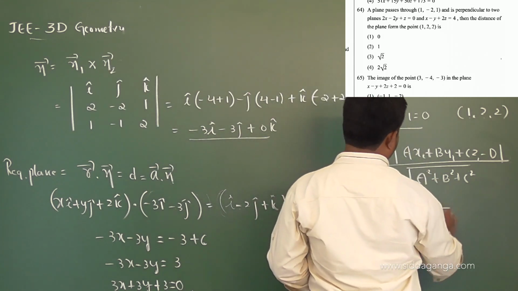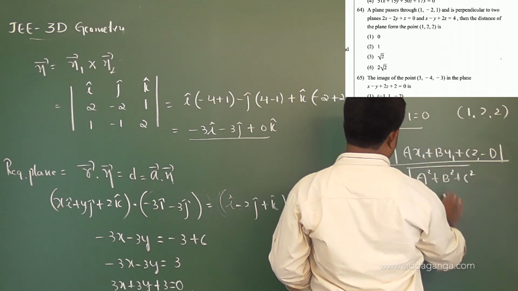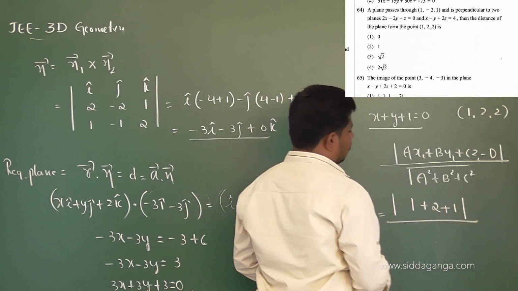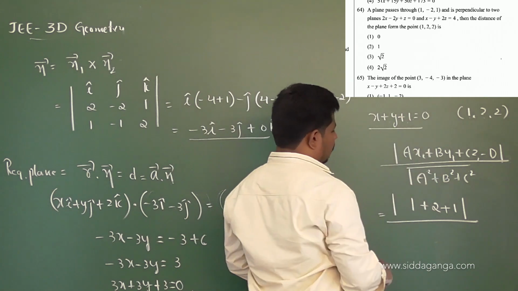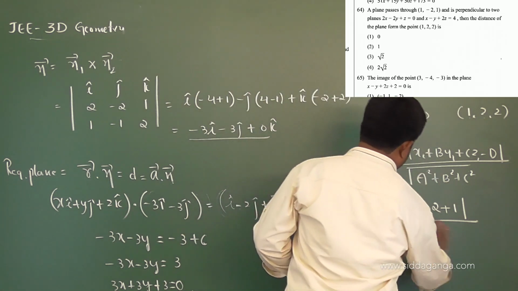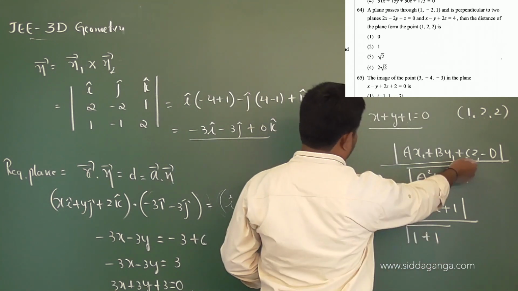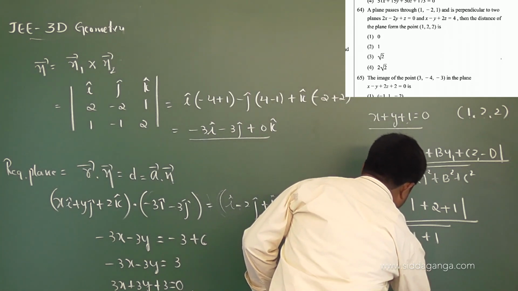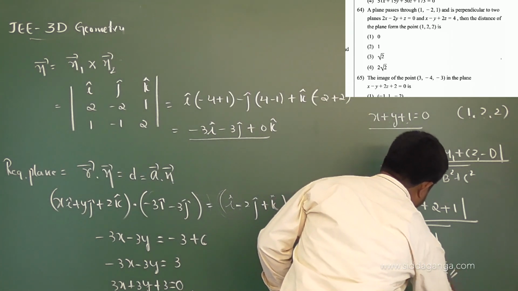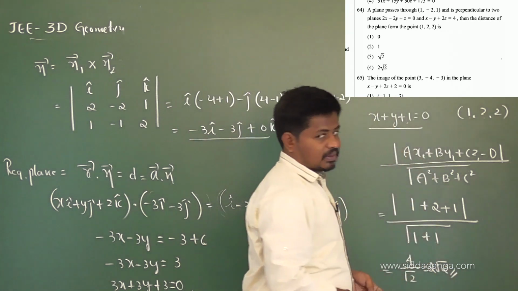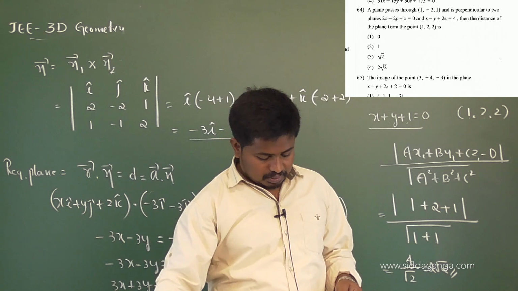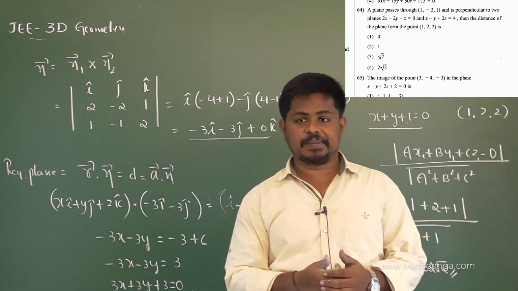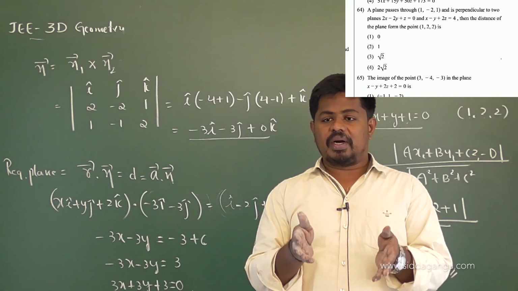Taking the constant to the right side it becomes minus 1, so d is minus 1, and minus of minus becomes plus. So we get 4 by root 2, which is 2 root 2. That is option 4, the required distance between the plane and the point 1, 2, 2.